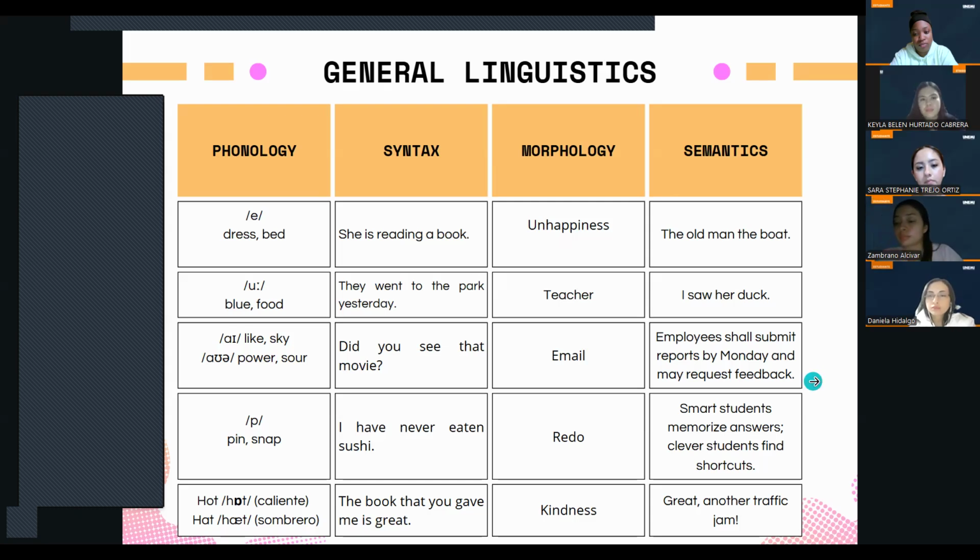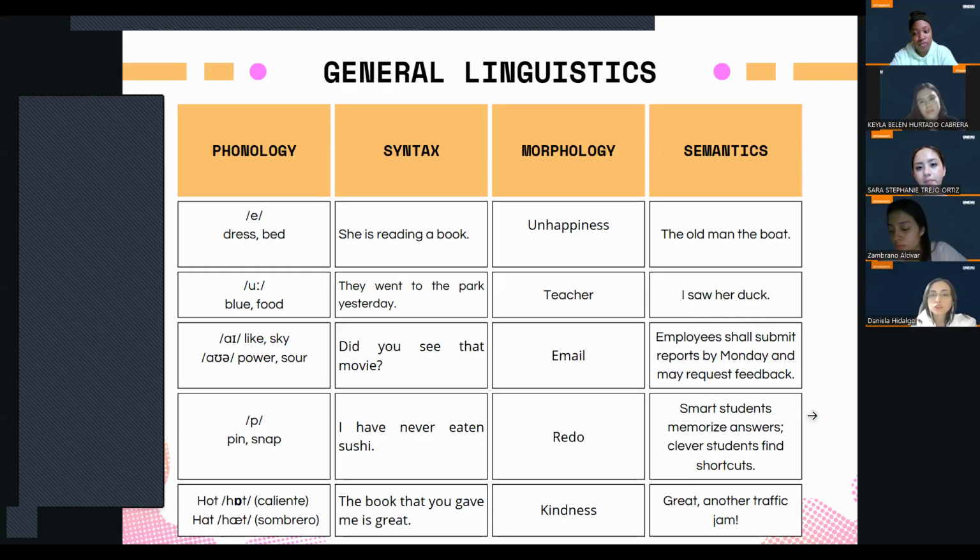The next example is I saw her dog. The other is employees shall submit reports by Monday and may request feedback. The penultimate example is smart students memorize answers, clever students find shortcuts. In this example, we note that smart refers to book knowledge or memorization, and clever expresses quick, practical thinking and shortcuts.